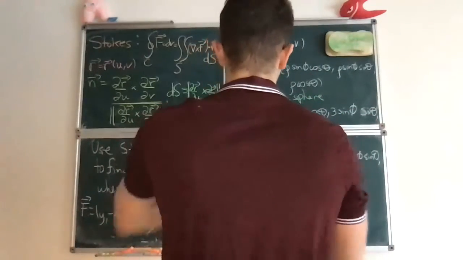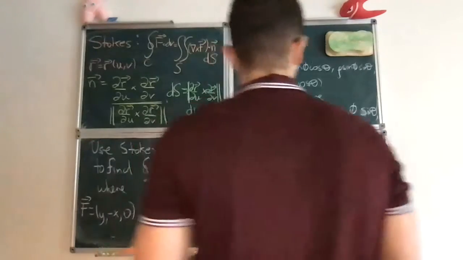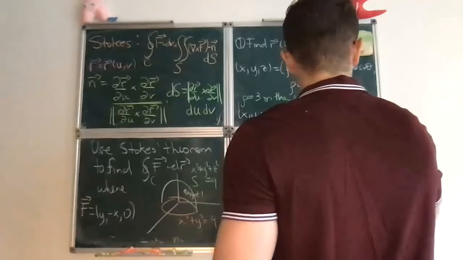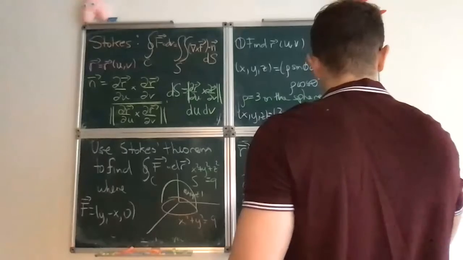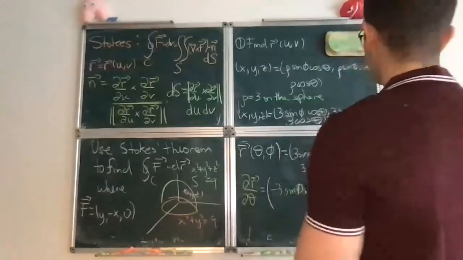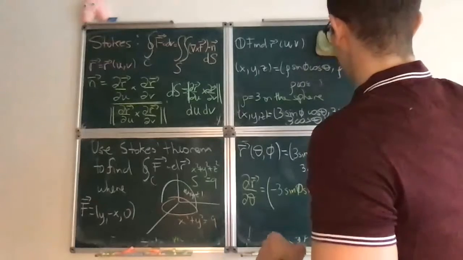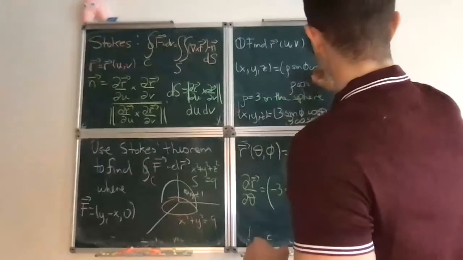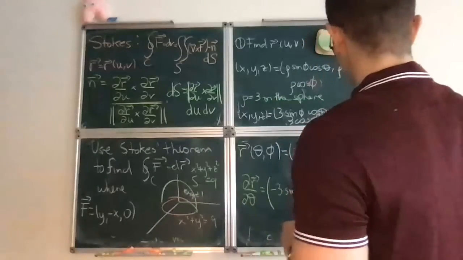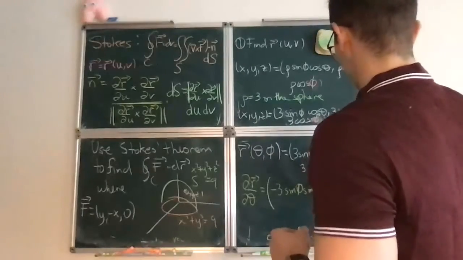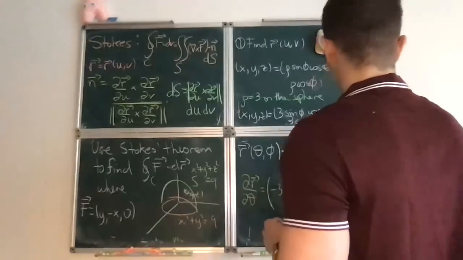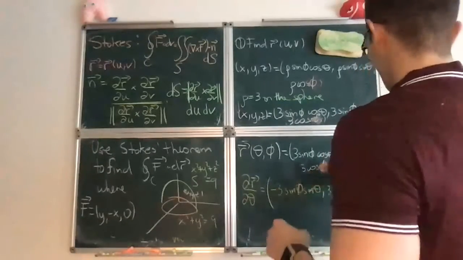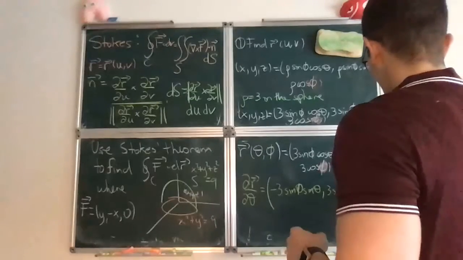These are with respect to the parameters, so let's differentiate this first with respect to theta, and you get minus 3 sine of phi sine of theta, 3 sine of phi cosine of theta, and this is 0.